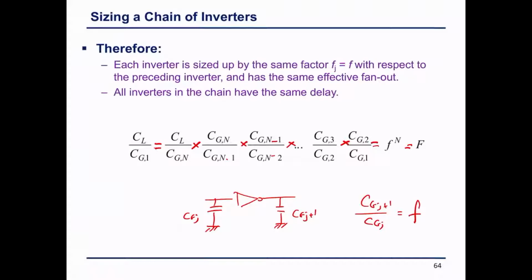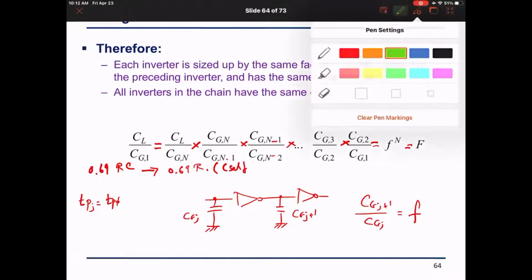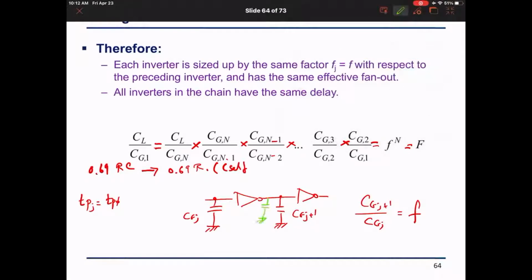Okay, now what is the delay? What is my delay expression for a given tau CGJ? Log 2, TP0, right? Because we started from the delay being 0.69 times RC. We said it is 0.69 times R times C self, which is here. Let me draw C self here, C self plus CGJ plus 1 for this one.